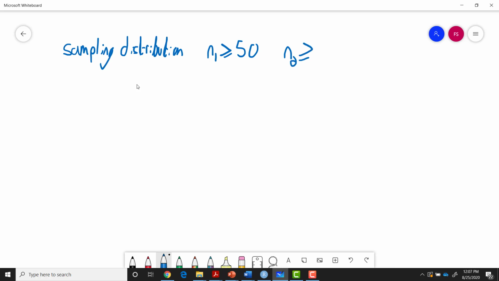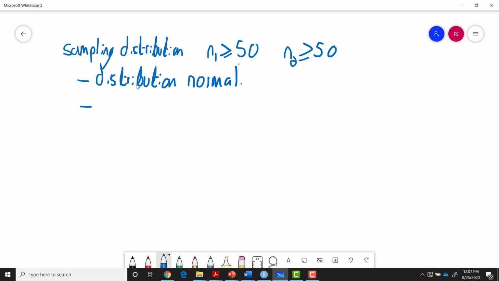Okay, so let's go with blue now. So this is actually another sampling distribution. If N1 is greater or equal to 50, and some books will actually use 30 for this, then we can say the sampling distribution is going to be normal.